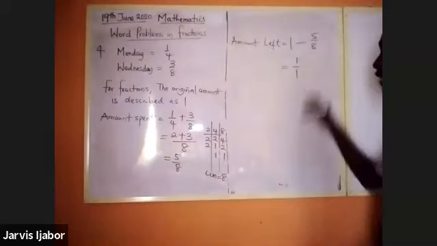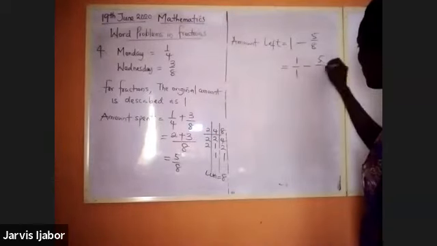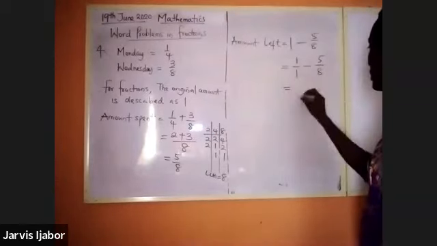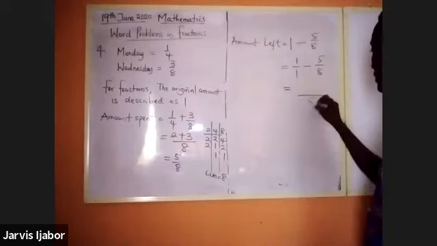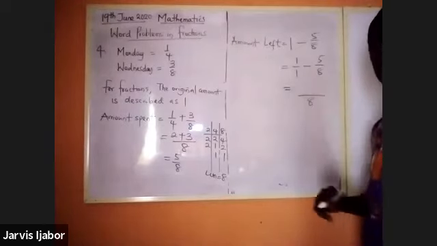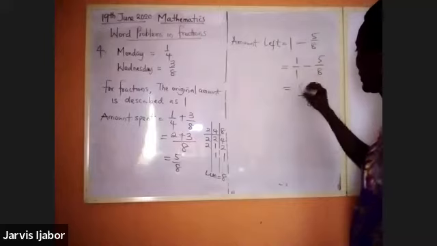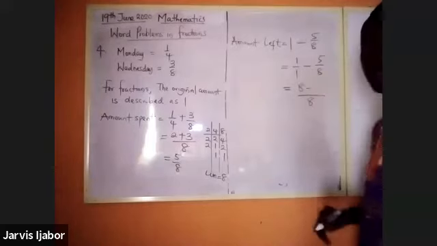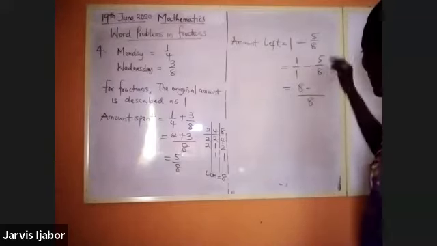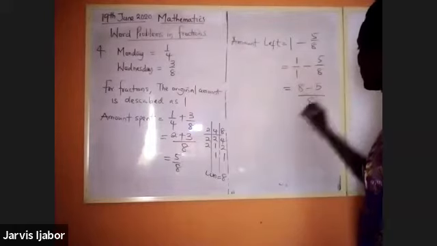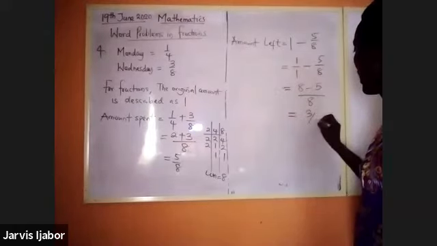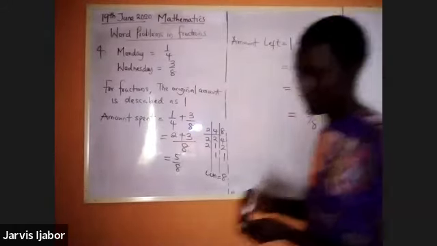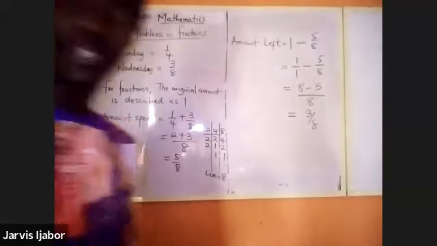That 1 is 1/1 minus 5/8. LCM will be 8. 8 divided by 1 is 8 times 1, 8 minus 8 divided by 8 is 1 times 5, 5. So the answer is 3/8. Let me allow that one sink in.